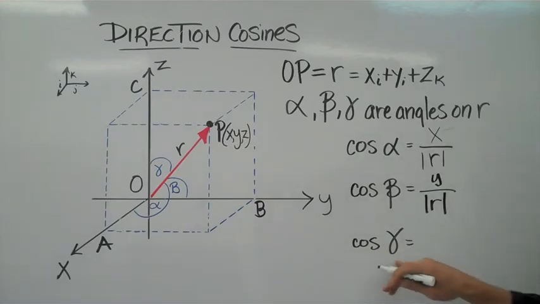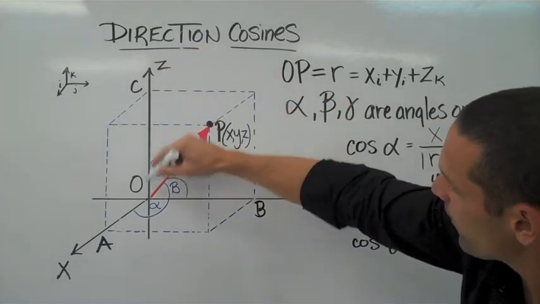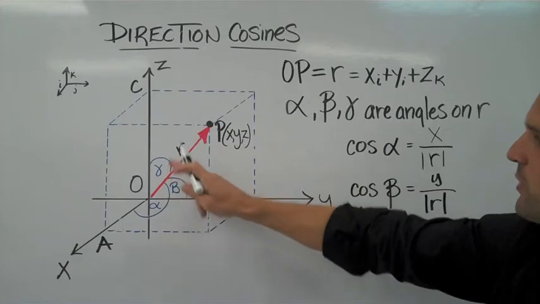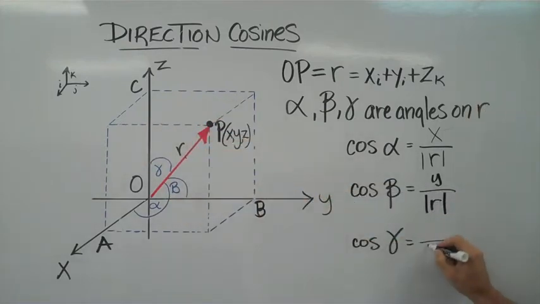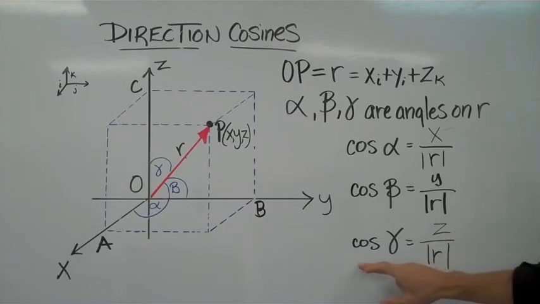And finally, cosine gamma, if I close this triangle up here, OCP, is adjacent over hypotenuse. Well, we know our hypotenuse in this case is the magnitude of r, and our adjacent is this line here, which happens to be z. So we get cosine alpha is x over the magnitude of r, cosine beta is y over the magnitude of r, and cosine gamma is z over the magnitude of r.